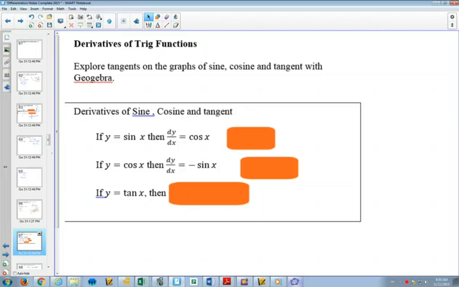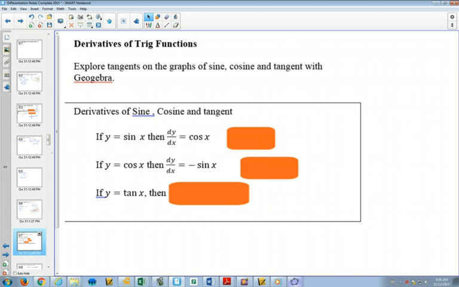Now, the fact that the derivative of sine is cos and the derivative of cos is negative sine, and later when we integrate, we'll go backwards with that, the negative here can cause people difficulties, because it's easy to forget which one's negative and which one's positive.